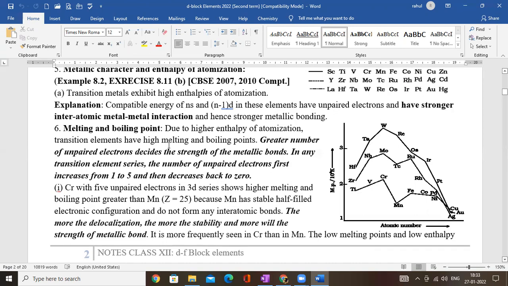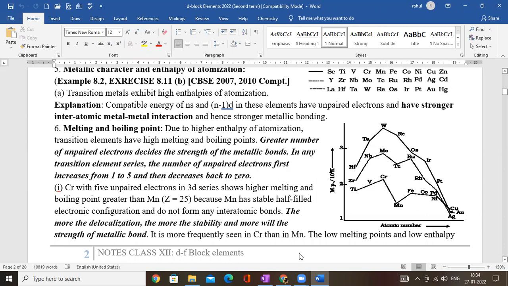I'll say the same answer, that since the enthalpy of atomization of transition elements is very high, that's why they have a high melting and boiling point. Now the enthalpy of atomization as well as the melting point will depend upon the number of unpaired electrons. That means greater the number of unpaired electrons, greater will be the metallic bonding, greater the enthalpy of atomization, and higher the melting and boiling point.